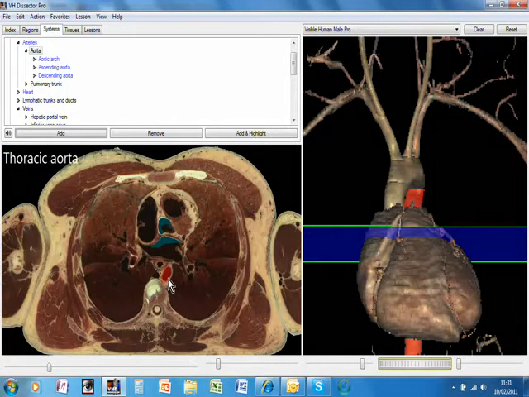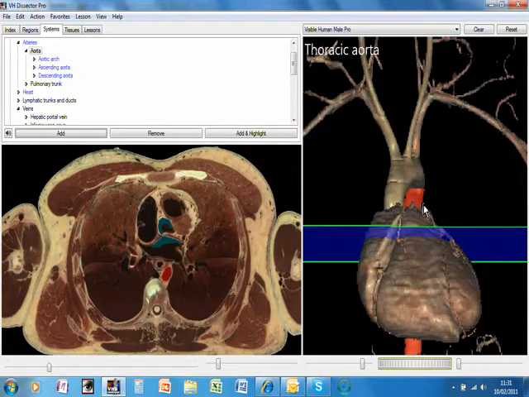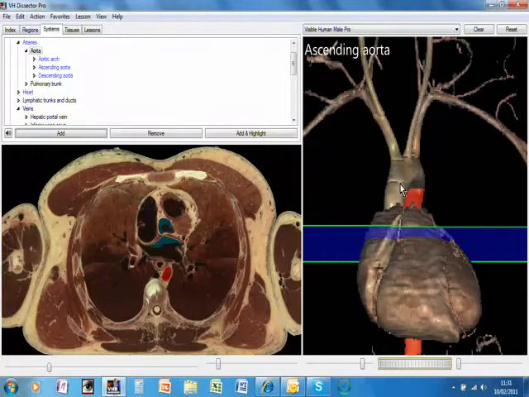And you can see that here, highlighted and travelling behind the heart in the cross-section. You can also see that the orientation of the aorta is such that it lies in an anterior to posterior direction. And you can see that clearly here.